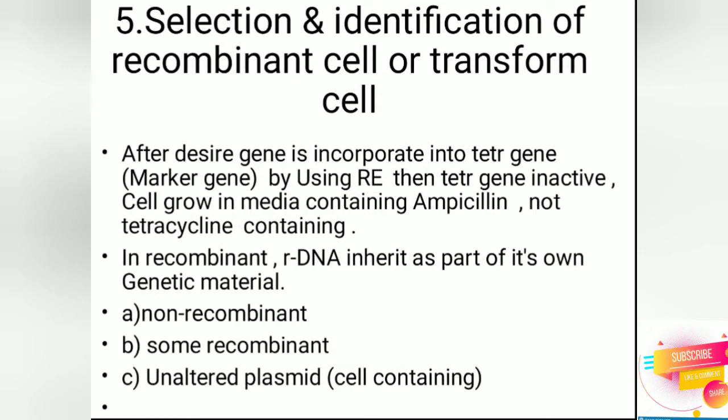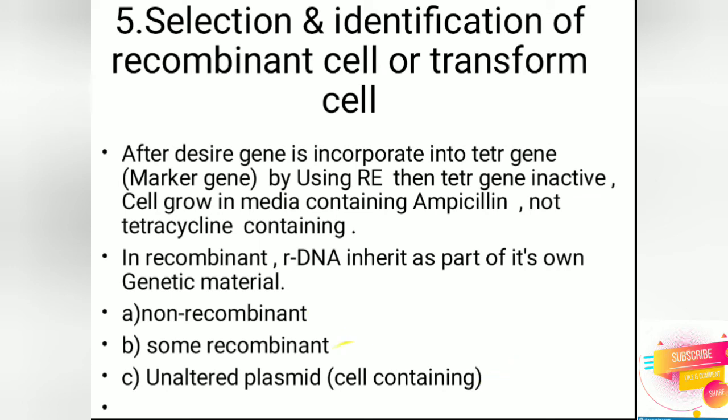After introducing the desired or recombinant DNA into the cells, we get three kinds of cells in the medium. Some are recombinant, some are non-recombinant, and some have unaltered plasmid.